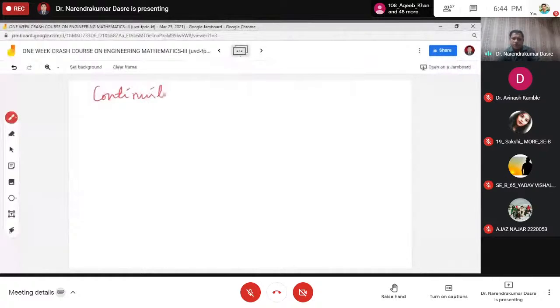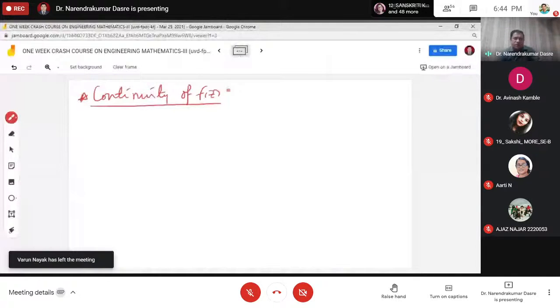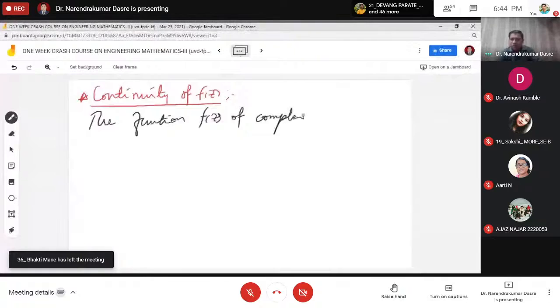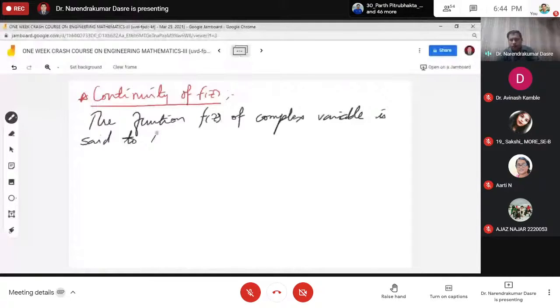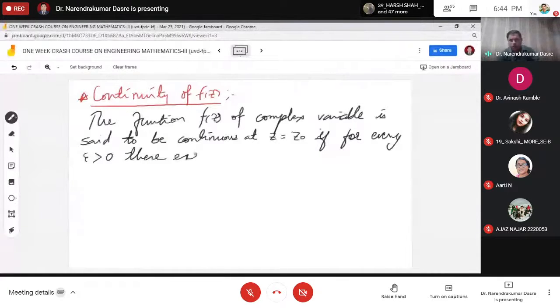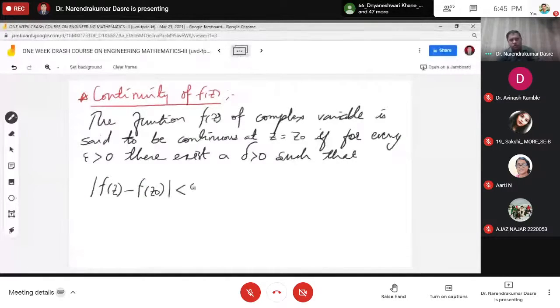The function f of z of a complex variable is said to be continuous at z equal to z0 if for every epsilon greater than 0, there exists a small number delta greater than 0 such that f of z is in the epsilon neighborhood of f of z0 whenever z is in the delta neighborhood of z0.